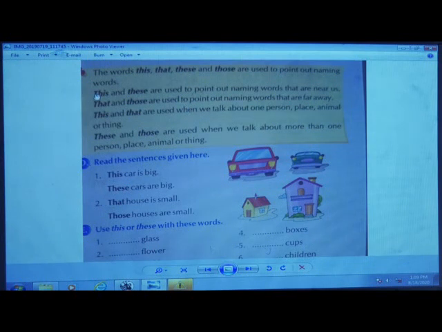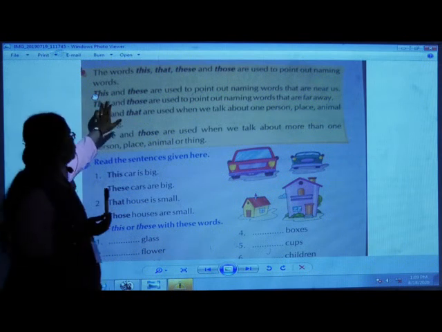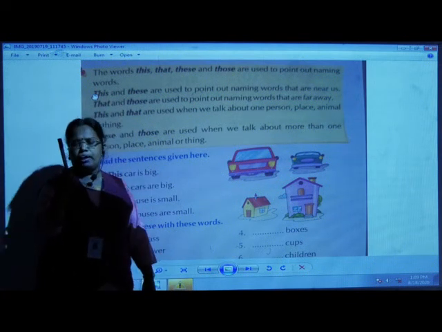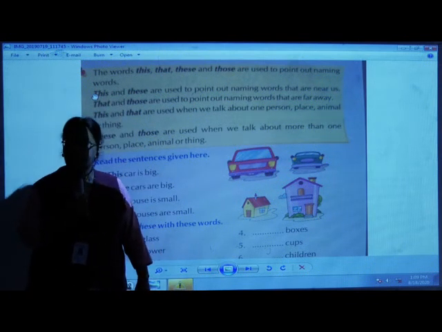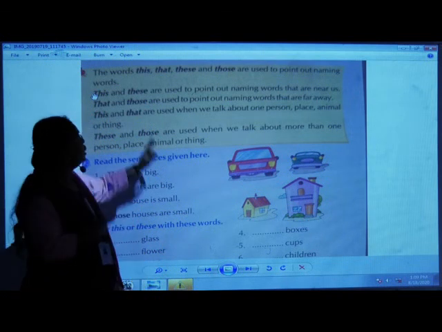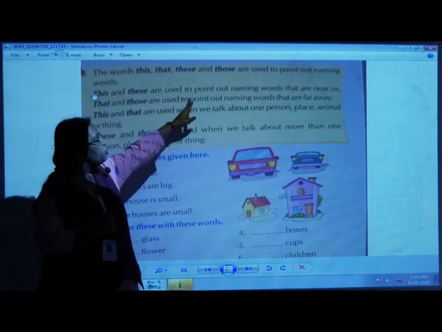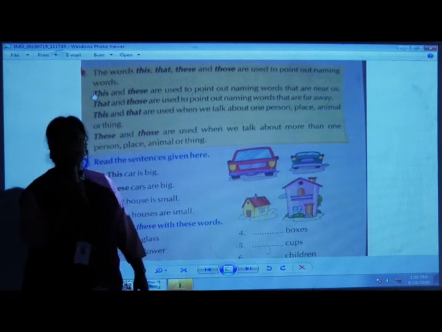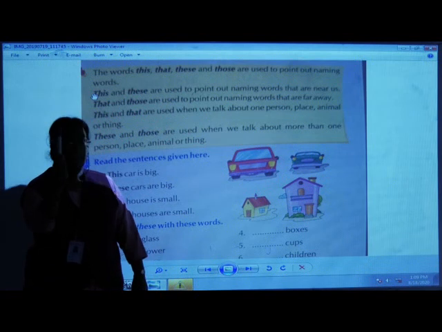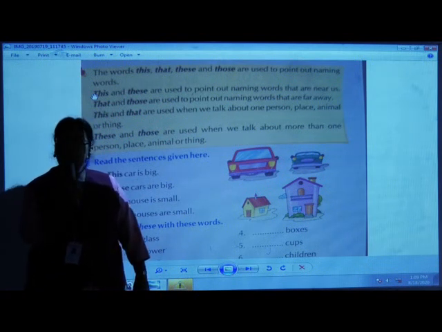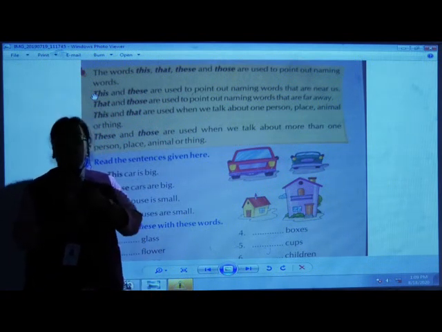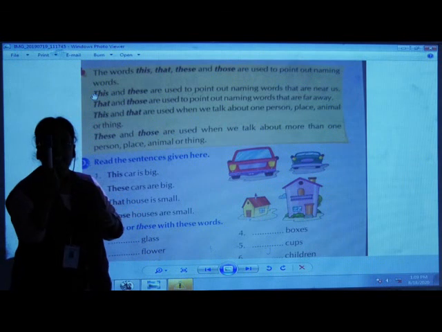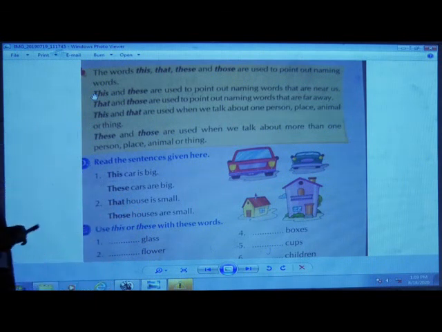Now see here, this pen is with me. This pen, it is very near to me, it is very close to me. So these are used to point out naming words that are near to us. So I call it this pen.